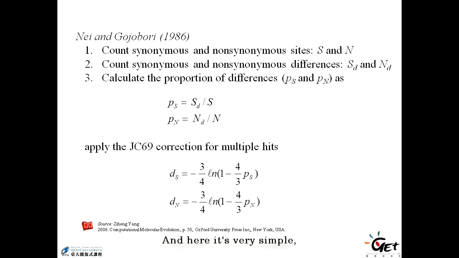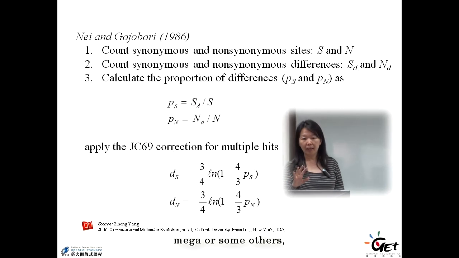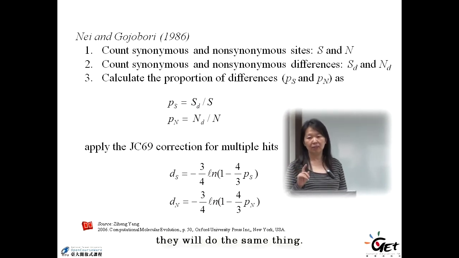And here it is very simple. We use the Jukes and Cantor model, that's one parent model, to calculate. And you'll see this type of notation quite a lot. I just want to say one word here: it's JC69. And when you use a program like MEGA or some others, they will do the same thing.